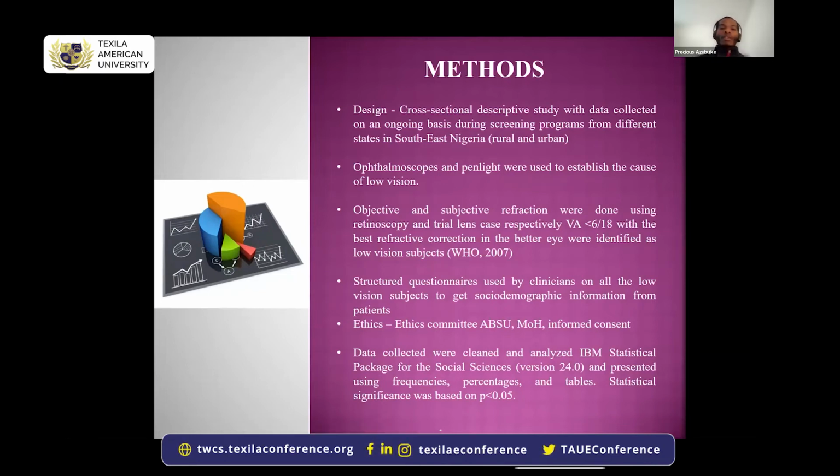We used ophthalmoscopes and pen lights to establish the cause of low vision.